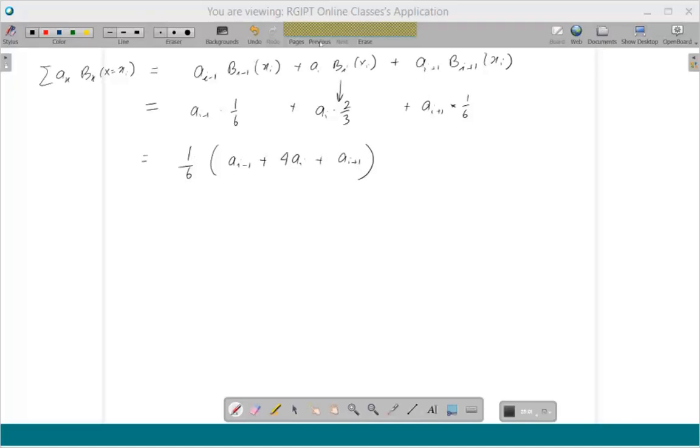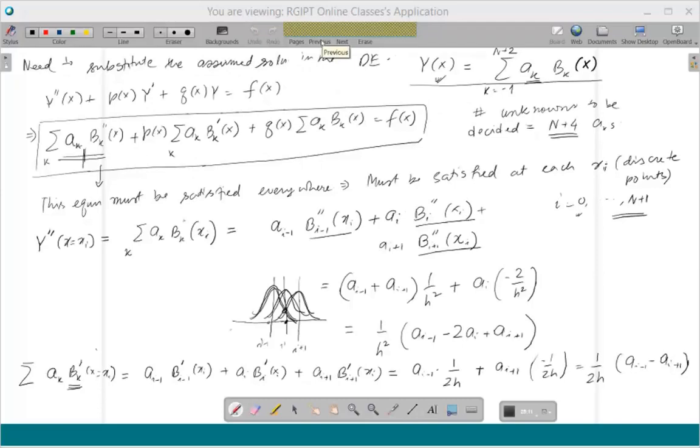So what we did, again, don't get lost, just keep things connected. I had this assumed form of the solution. I wrote it in this form. This is my differential equation, and if you substitute my assumed form, it's going to have this form. Now what we are going to do is enforce the fact that this differential equation must hold at each point in the domain, whatever region I'm considering.